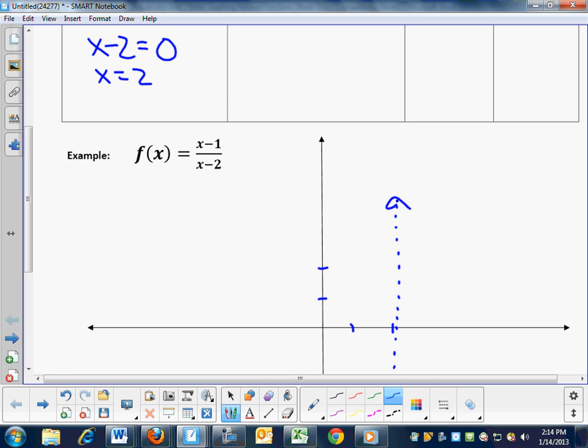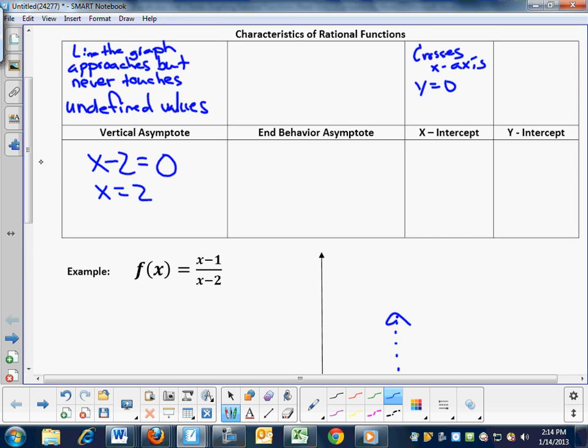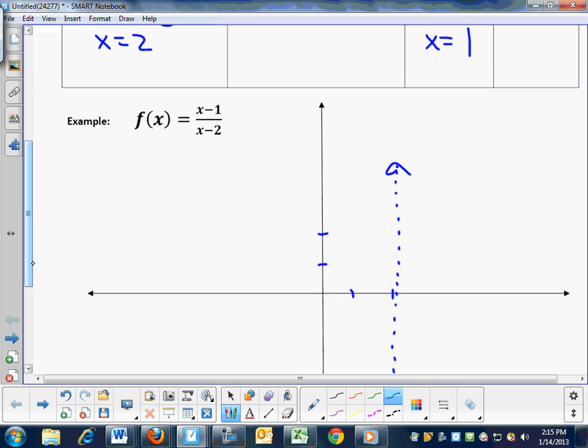If it's equal to 0, true or false? If the top is equal to 0, then the entire expression is equal to 0. True. So in order to solve where this is equal to 0, I can simply set the numerator equal to 0. The numerator is x minus 1. I'll set that equal to 0, and I get x is equal to 1. So I know I have an x-intercept of positive 1.